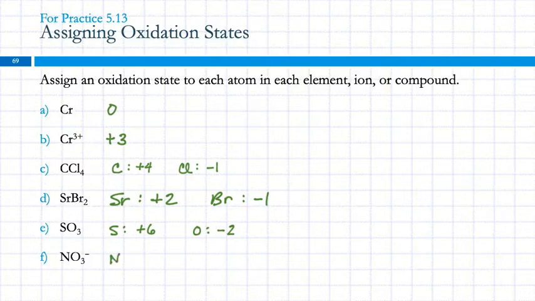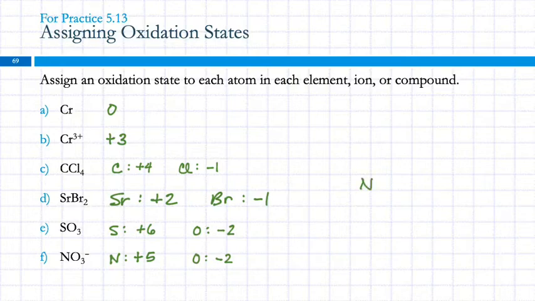So there's nitrogen and there's oxygen. Fluorine? Nope. Hydrogen? Nope. Oxygen. Oxygen chooses -2. That's what it would like. So what does the nitrogen have to be? +5.